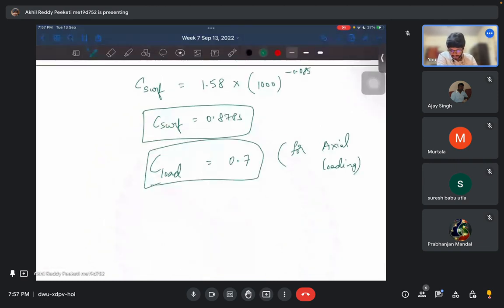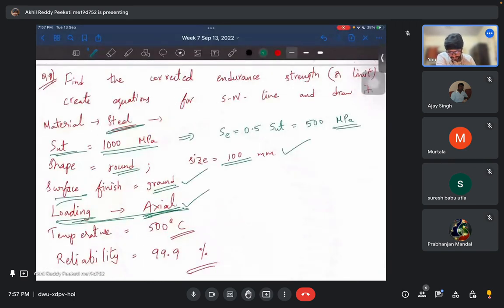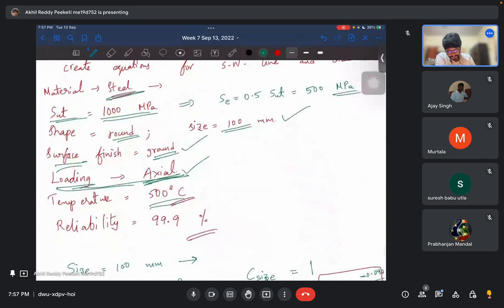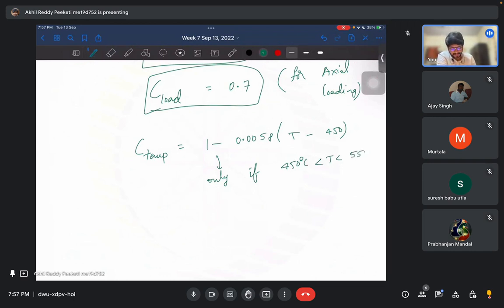Okay. Now, what are the other things? We have done the size, surface finish, loading. Temperature is 500 degrees Celsius. So for C temp, there is an equation given directly: 1 minus 0.0058 into T minus 450, only if the temperature is greater than 450 degrees Celsius, and only in this range this is valid.